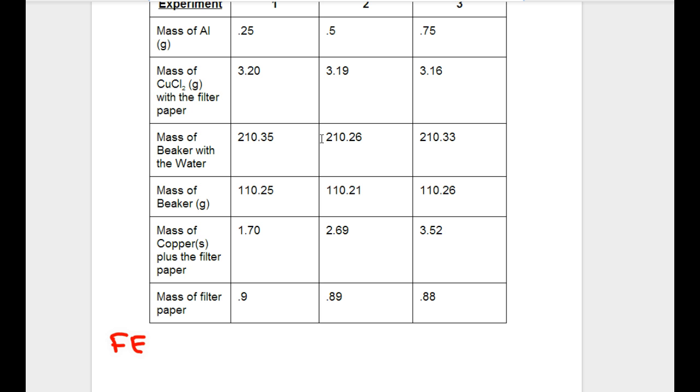So for every 26.98 grams, there is 1 mole of aluminum. And that 26.98 grams is of aluminum, and I got that from the element chart.